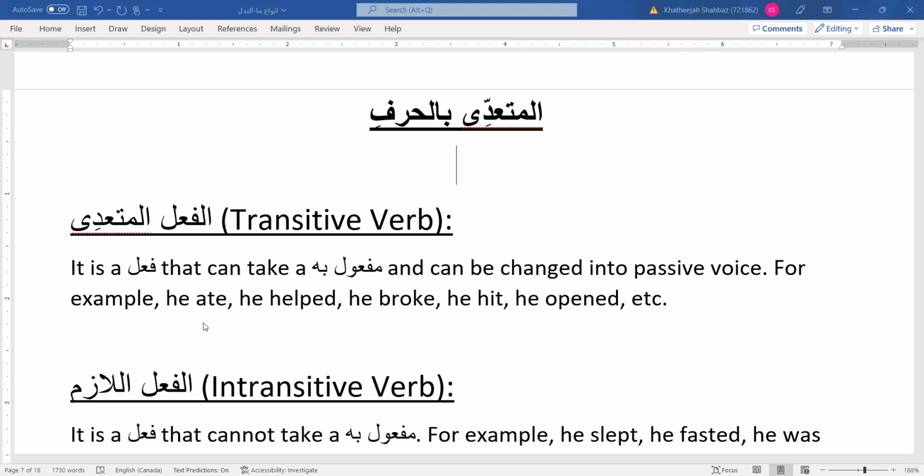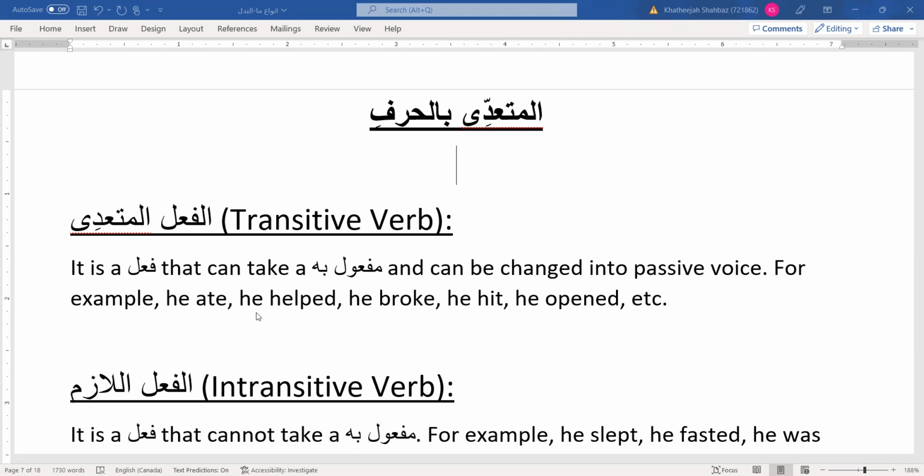So this verb, he ate, akala in Arabic, is al-fi'l al-muta'addi. And it can be changed into passive voice also. You can say, he was eaten. The passive voice of he ate will be, he was eaten.